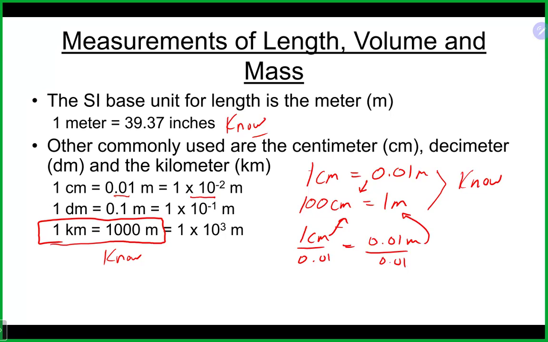Very commonly in this class, and in a lot of the chemistry classes that you come across, millimeters are also a unit that you see. There are, by the way, another conversion in terms of length, 1,000 millimeters in a meter.